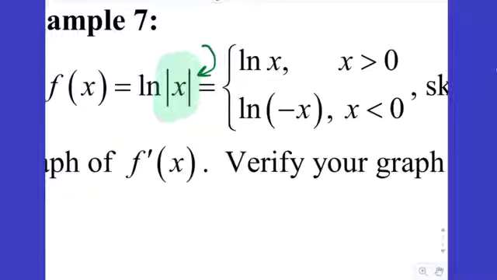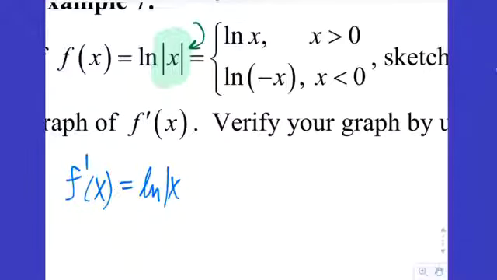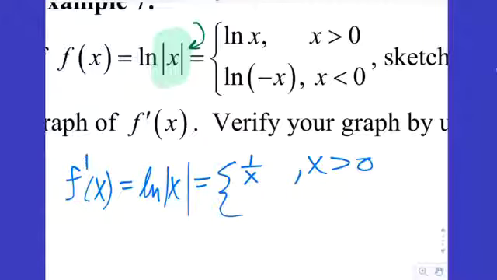If x in the absolute values is less than 0, I have to manually make it positive in my little piecewise program before it gets to the log, so I'm going to take the opposite of it, right? Now let's take the derivative of the natural log of the absolute value of x, using the piecewise pieces. All right, so for the top piece, when x is greater than 0, what's the derivative of ln of x? 1 over x. Sweet.